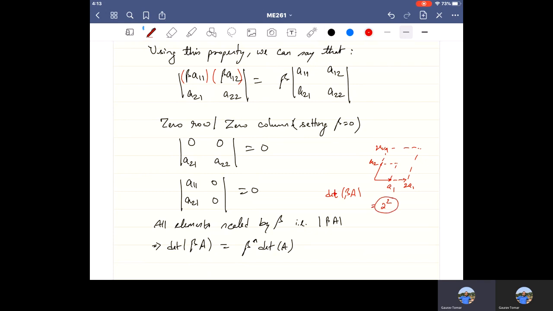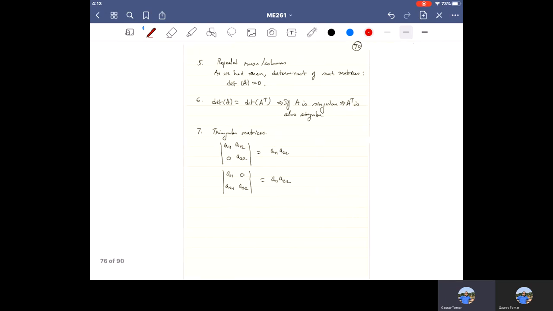It's going to be 4 times. The same way for an n-dimensional space, it will be beta to the power n times the volume of the hyperspace created by the column vectors of the A matrix. So this is another property.